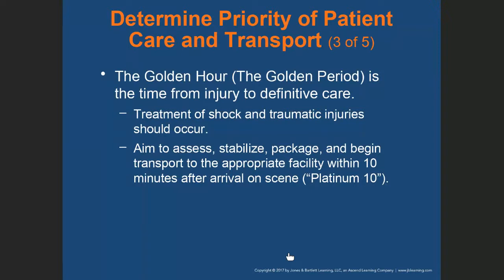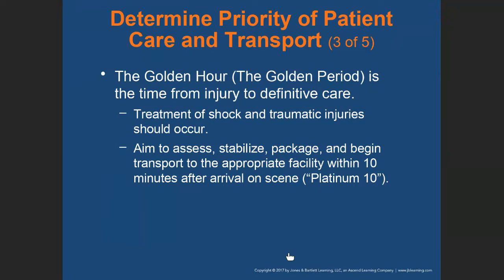The golden hour is the time frame in which an incident occurs, EMS is notified and dispatched to the location, EMS arrives, provides assessment and management, and then packages the patient, places the patient in the back of the unit, and transports that patient to the most appropriate healthcare facility.